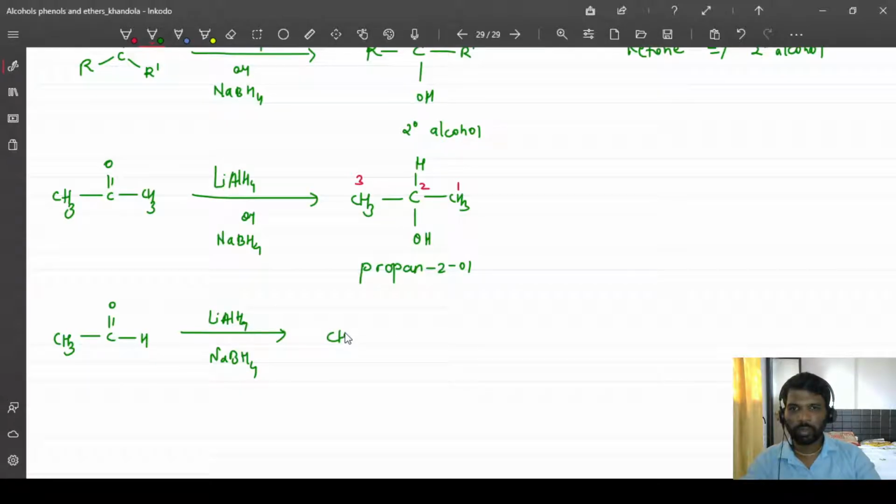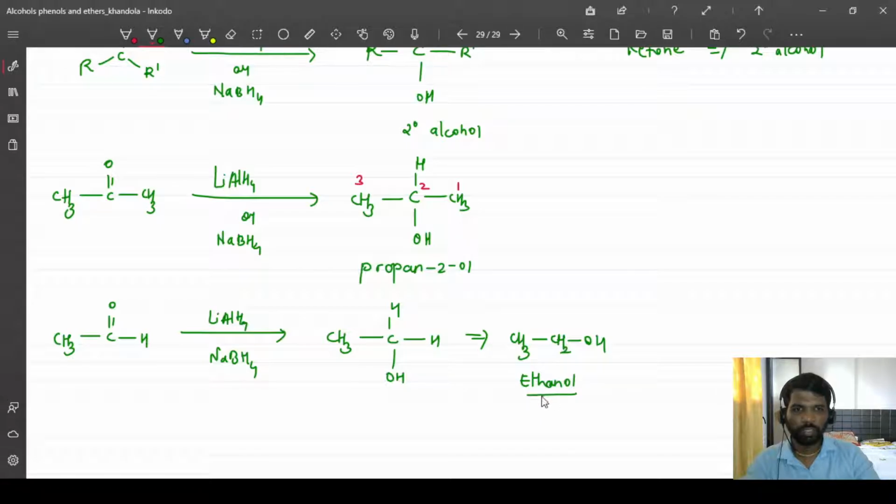And what alcohol will we be getting? C, there is already an H, and this H is there. The O which was there over here, just convert it to OH, and this is what a primary alcohol means. In short I can write CH3CH2OH. The name of this alcohol is ethanol.